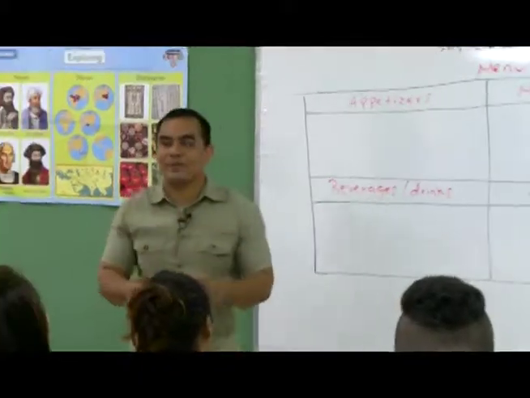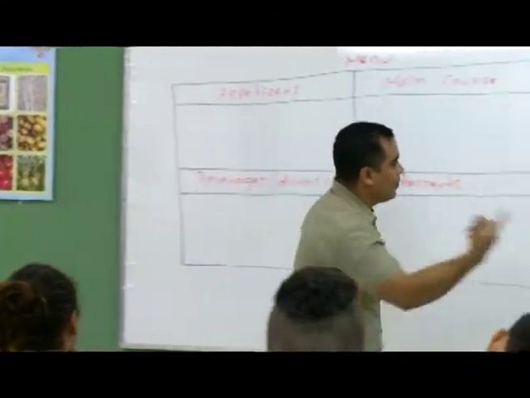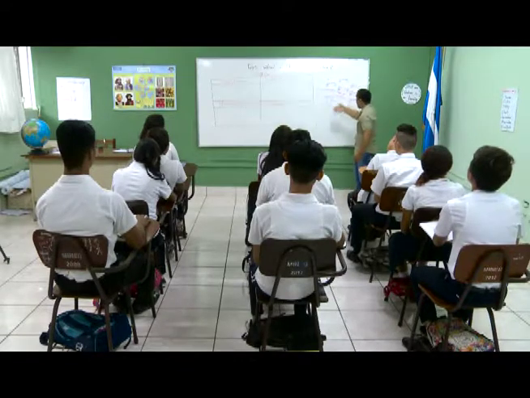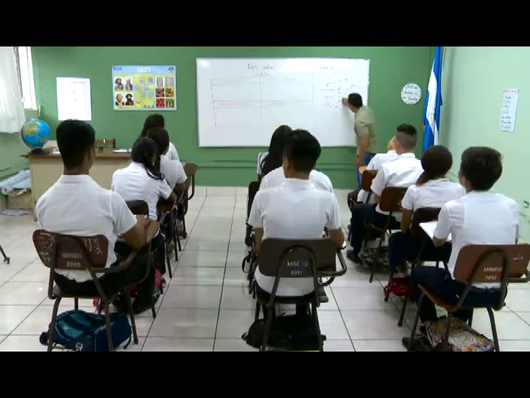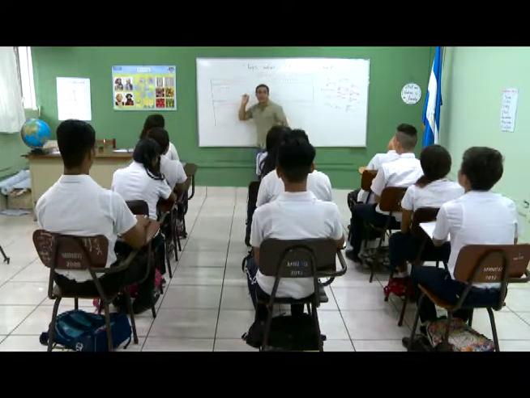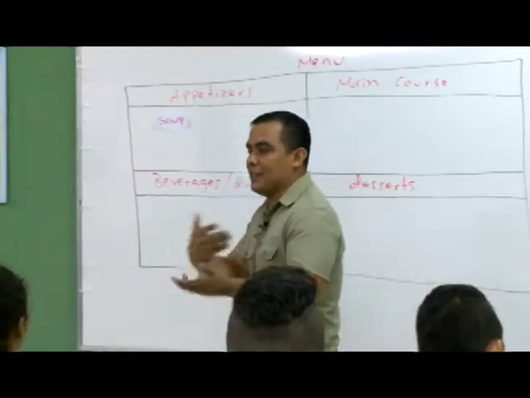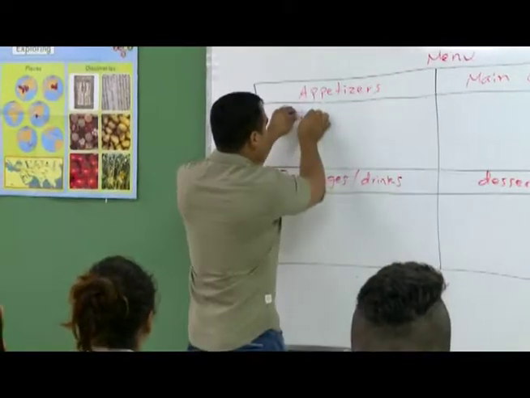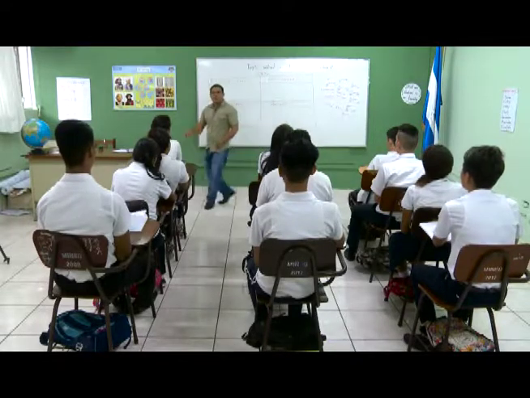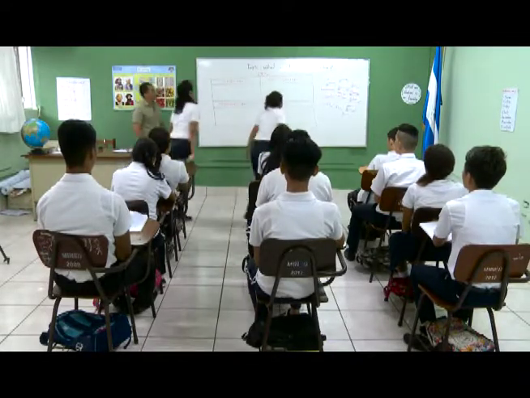If I say 1, 2, 3 appetizers, I run to the board and I take one of the appetizers and I put it in the right category. Okay? So this is my example. Now let me see if you understood. Don't forget this one.